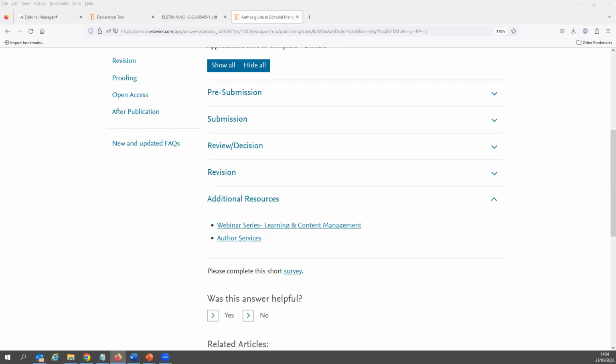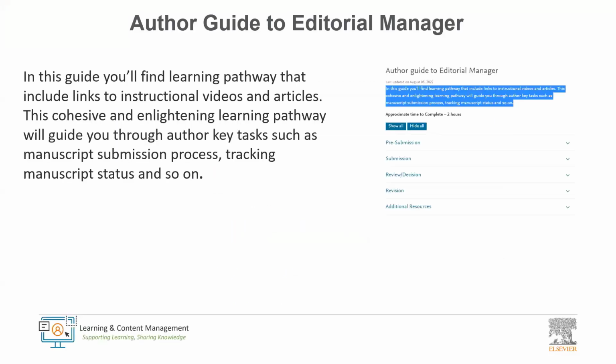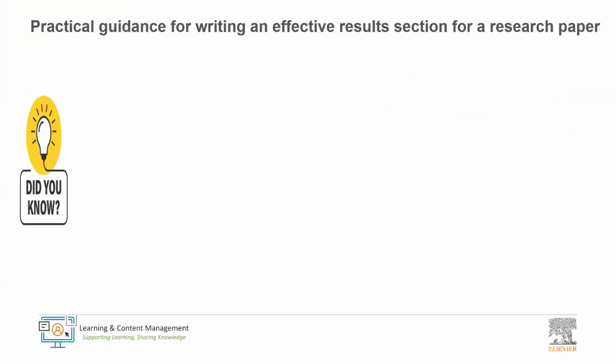And then coming back to the presentation, we have some practical guidance for writing an effective results section for a research paper. This is our Do You Know corner section.